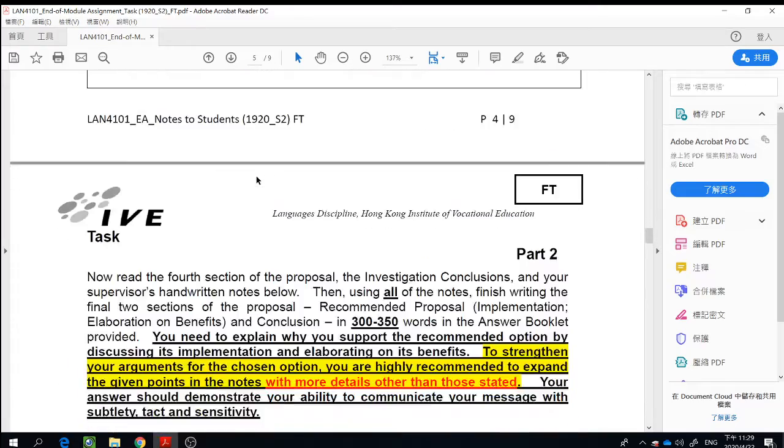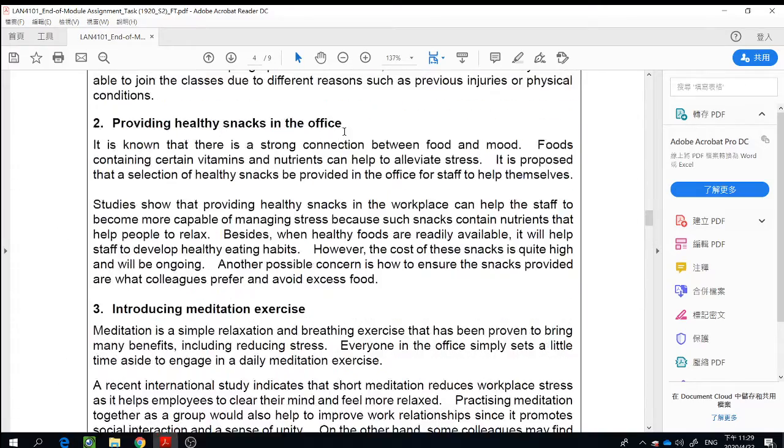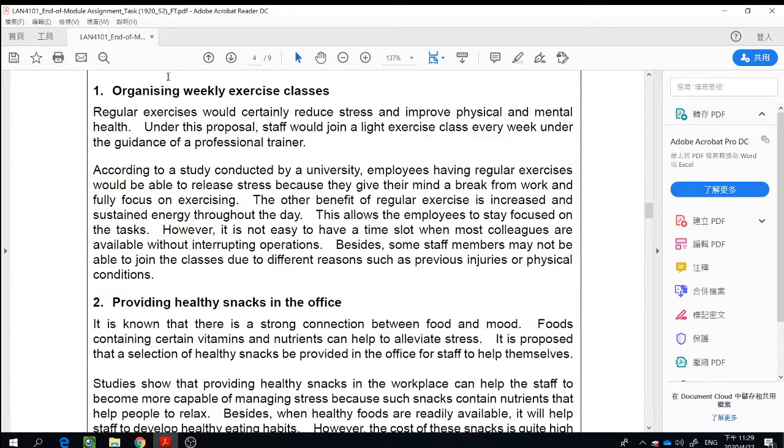Let's go through the positive and negative sides. The first one, regular classes will reduce stress and improve physical and mental health. All right, that's the benefits of having weekly exercise classes. So staff should join a light exercise class every week.